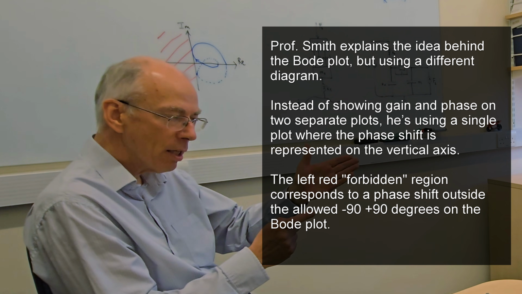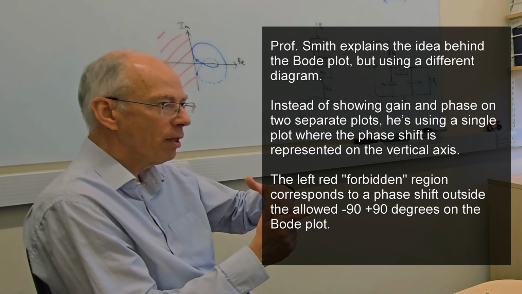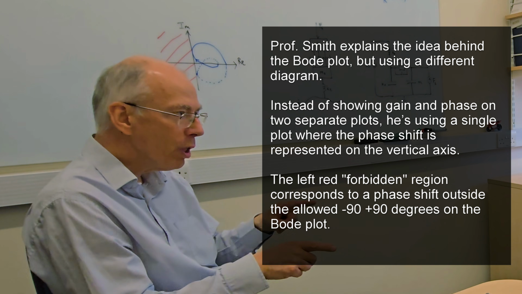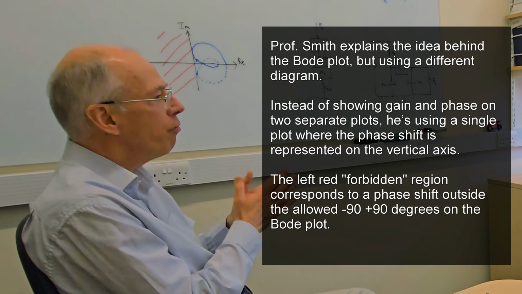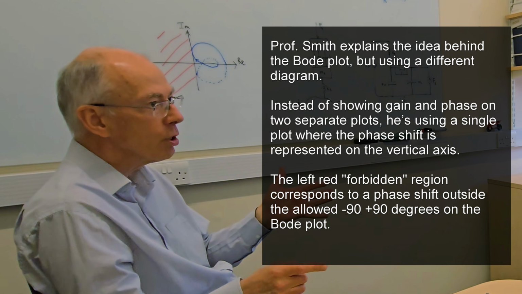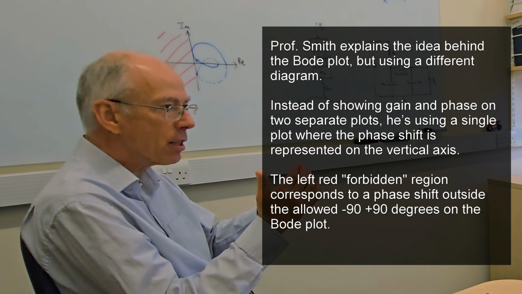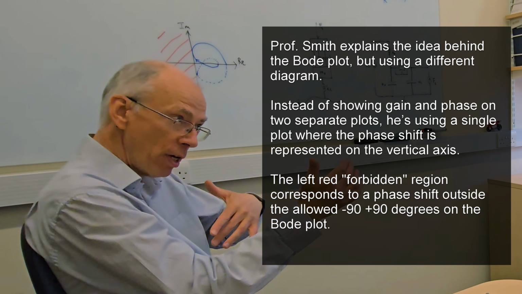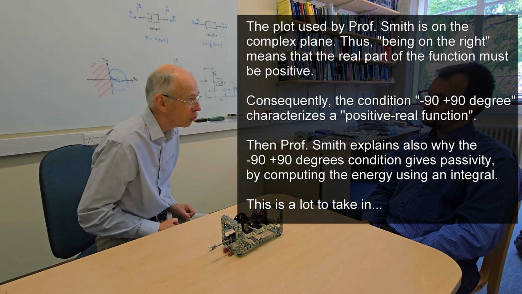It can go up to plus 90 or minus 90. But any frequency variation between zero frequency and infinite frequency that respects that, the phase shift never becomes more than 90, that characterizes a positive real function.